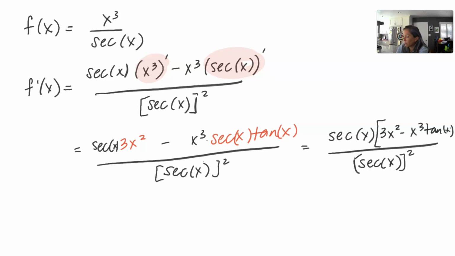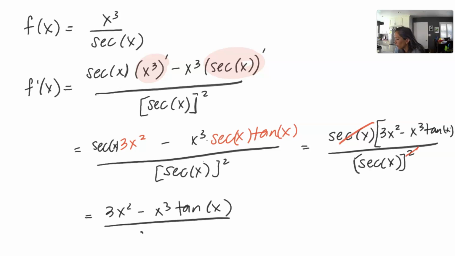I can pull out that common factor of secant from the top and bottom. Really I shouldn't cross out the whole thing, I should just cross out the square. Okay, so now I've got 3x squared minus x cubed tangent of x all over secant of x.